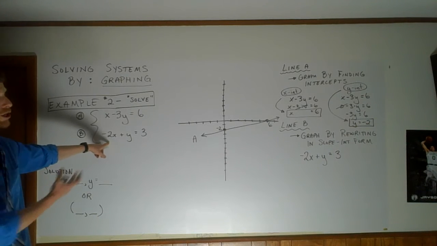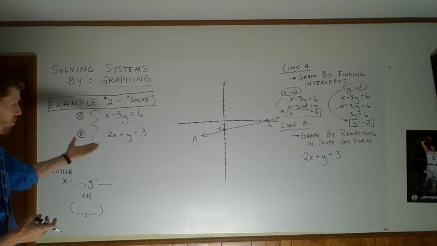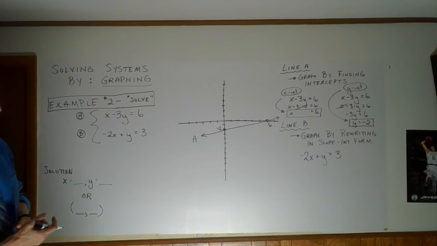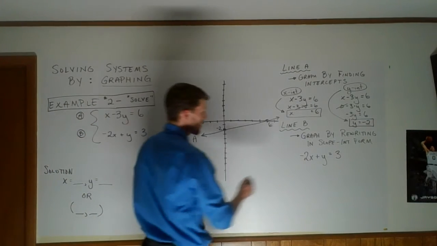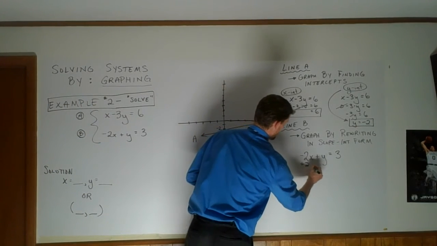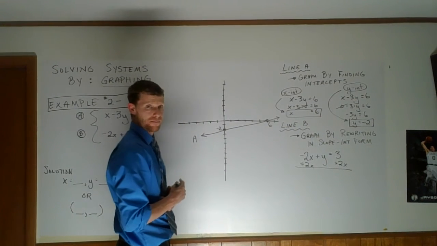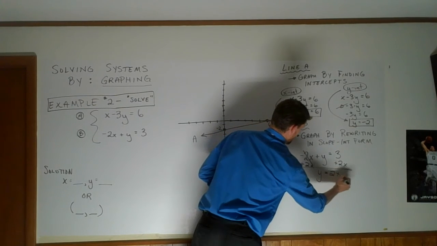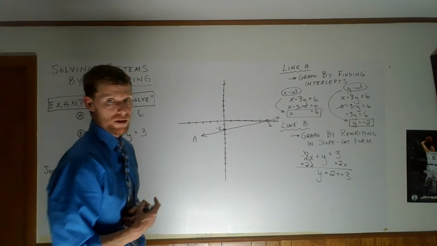Line B, we could do the same process. It's going to come out to a fraction. So in this one, you might decide to use a different method. This one we're going to graph from standard form by rewriting it into slope-intercept form. To do that, we start by adding the x term over to the other side. Now this is in y equals mx plus b form.